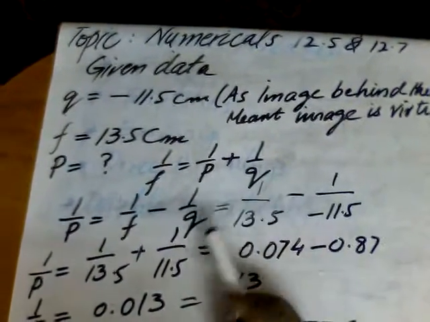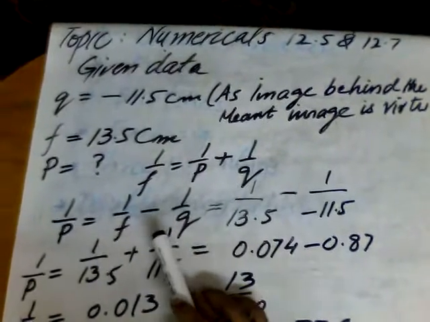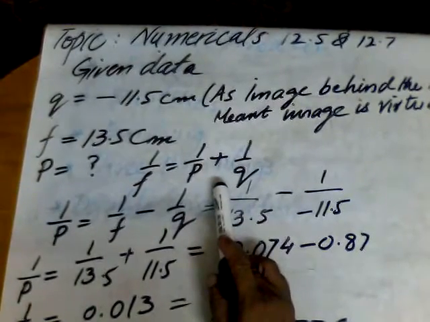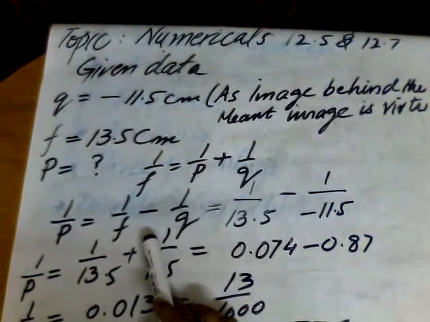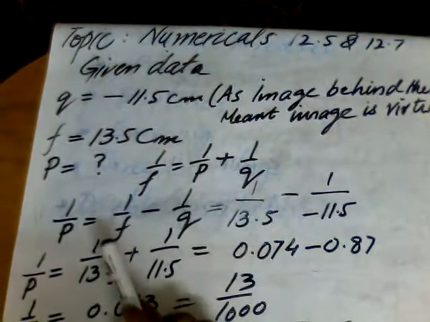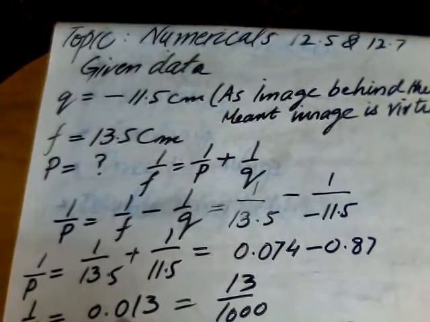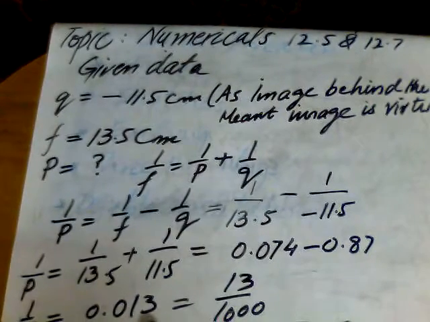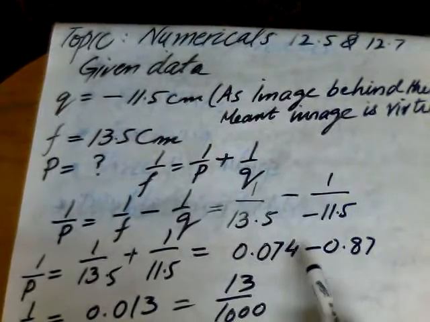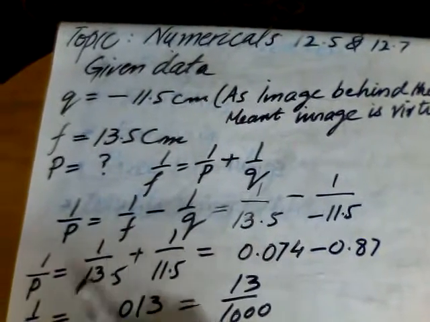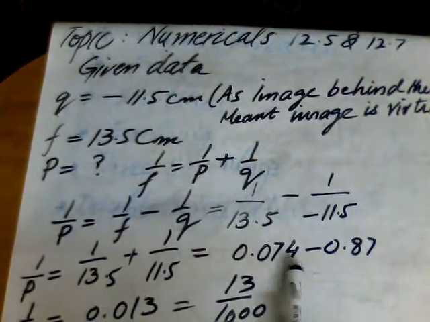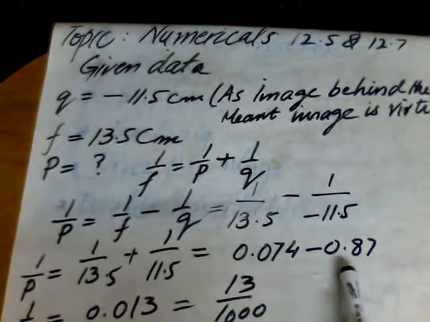The mirror formula: 1 over P equals 1 over F minus 1 over Q. This formula is rearranged into this form. After we put in the values and simplify, 1 over 13.5 is 0.074 and 1 over 11.5 is 0.087.